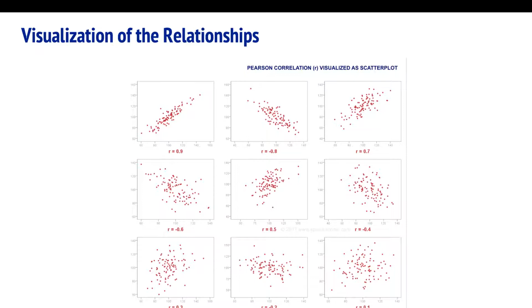As one is going up, the other is also going up, but we do have some outliers here. A correlation of 0.1, on the other hand, you can barely see that as one is increasing, the other is increasing. Okay, so you can see that the closer they are to 1, positive or negative, the stronger that relationship is and the closer all of the data points will be to a straight line.